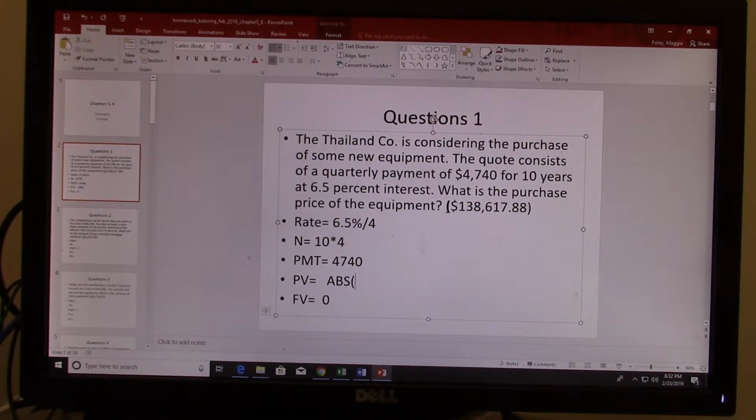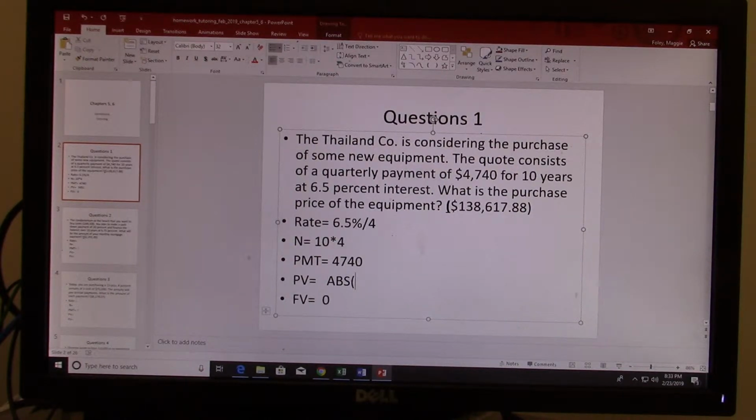It's only related to the directions of the cash flows. So if you don't add the ABS in the front, you will get a negative number for the money, which is confusing. So let's just add the ABS in the front to get the absolute value. ABS is just to get everything positive.